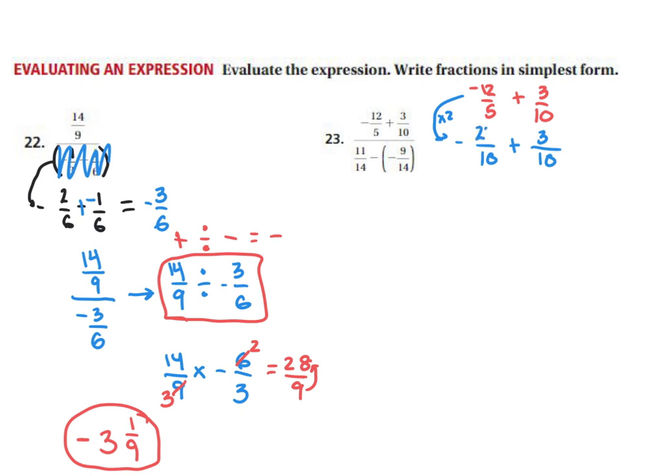So that would be -24. So now we have -24/10 plus 3/10. So that's what we're doing right here. -24 plus 3 over 10. So we actually have -21/10 on the top.